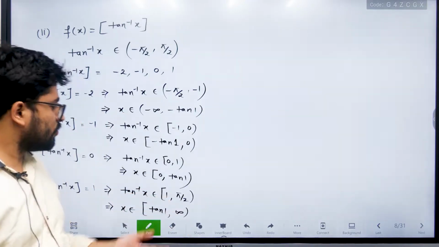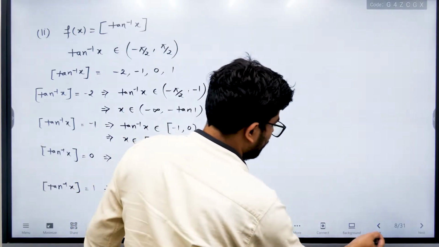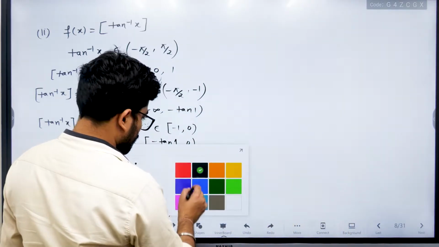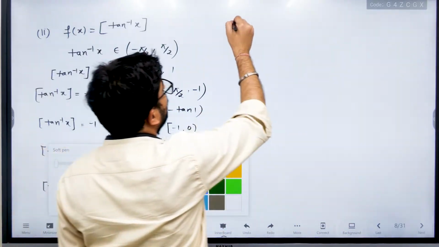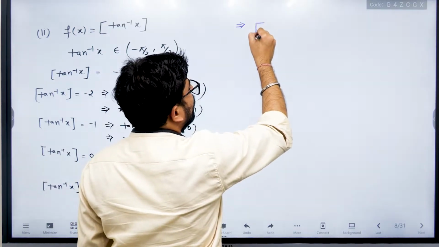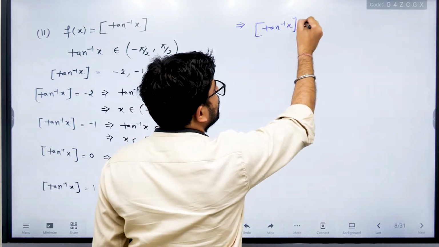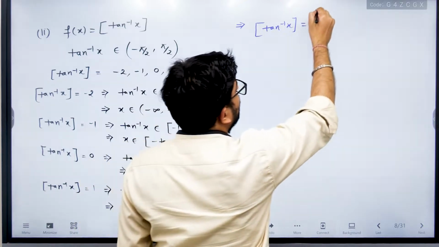So you can say greatest integer of tan inverse x is equal to what?